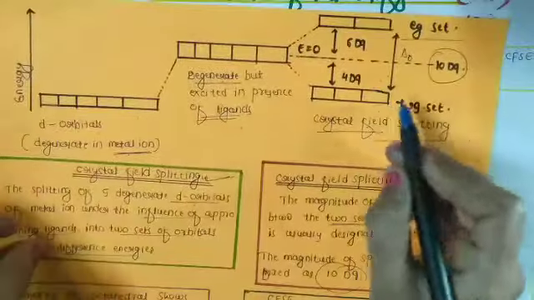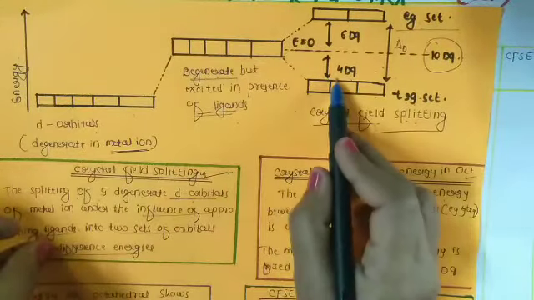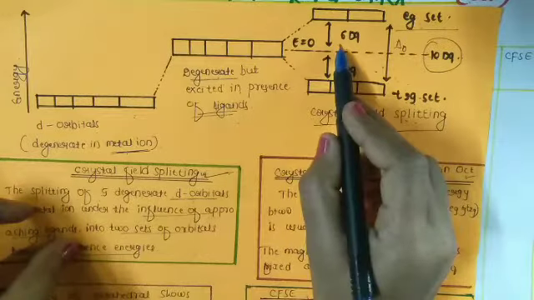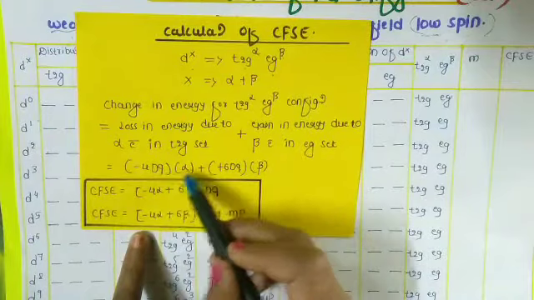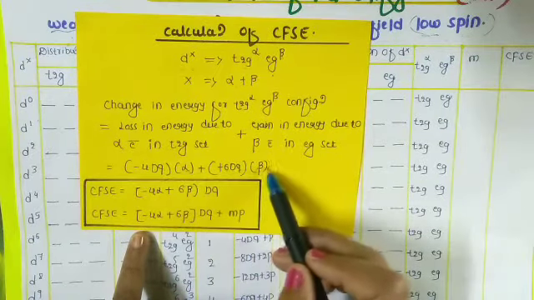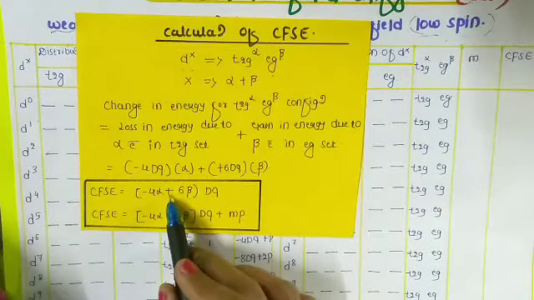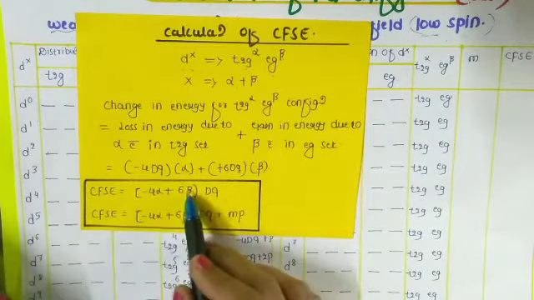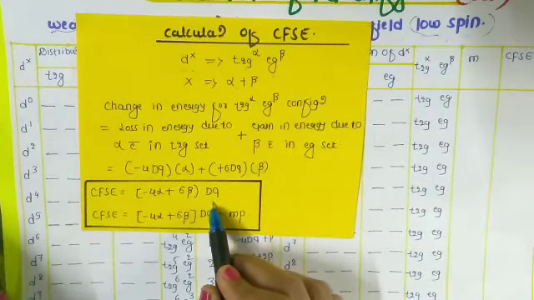The T2g set is minus 4, the Eg set is plus 6. So CFSE is minus 4 alpha plus 6 beta, and you can take Dq as common.